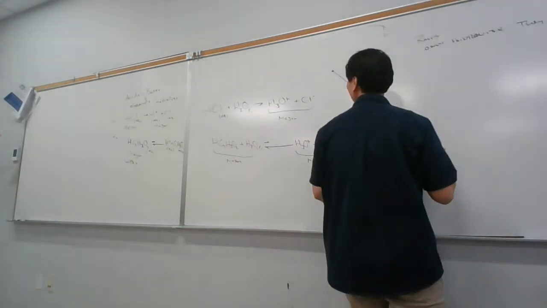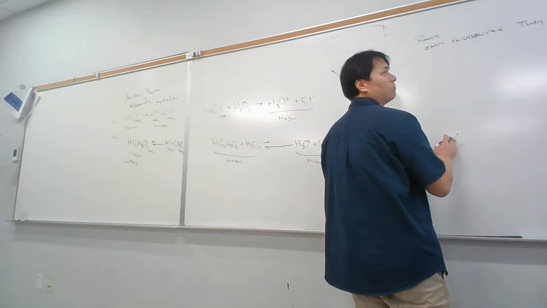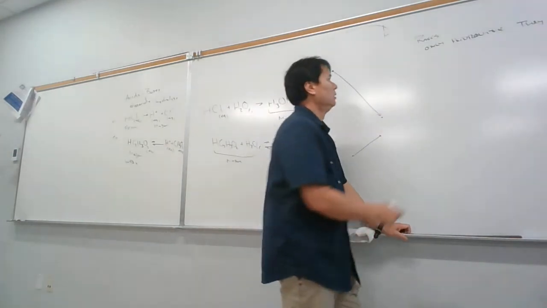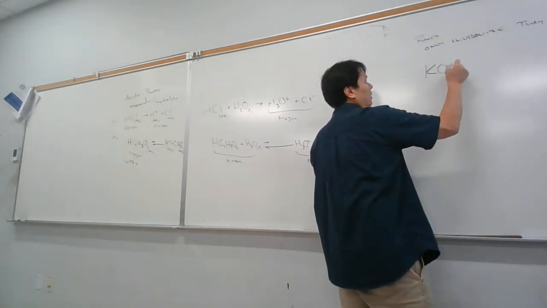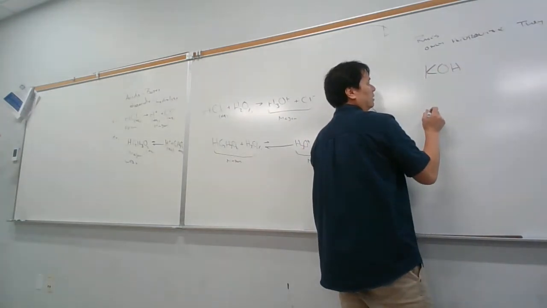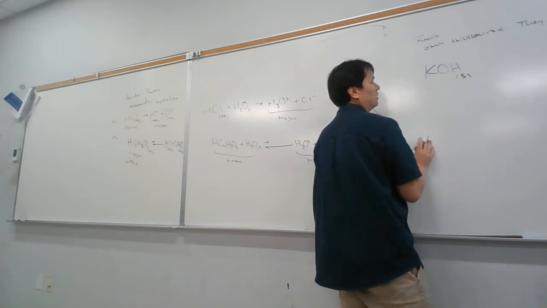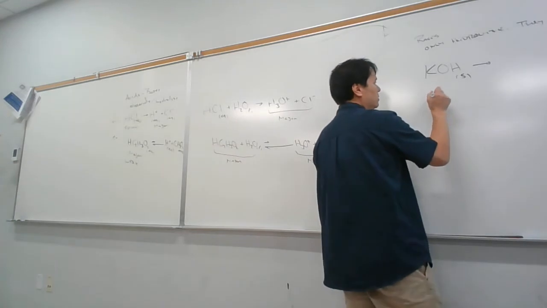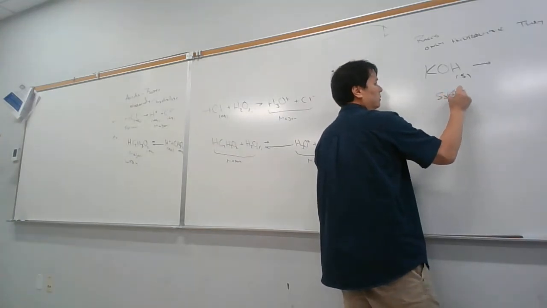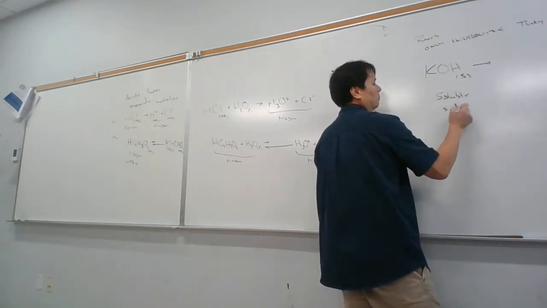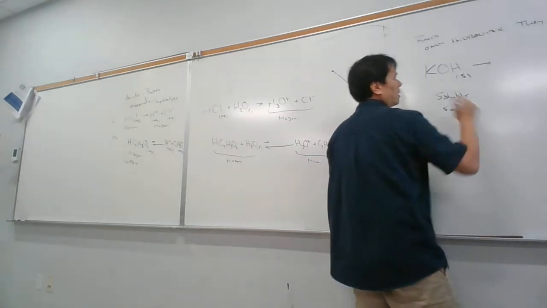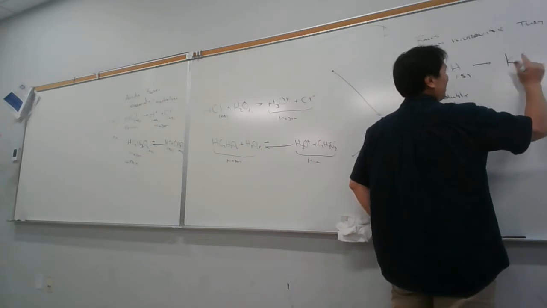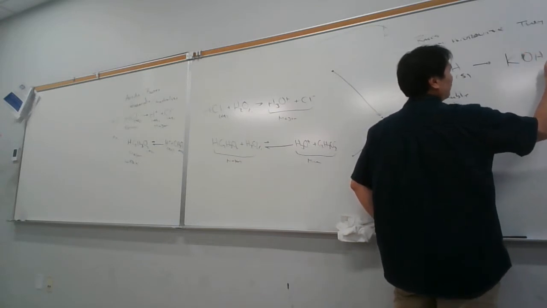So something like, what was the base that we just did? Potassium hydroxide, was it? Potassium hydroxide is actually a solid. And group 1 salts are all solid. And so first, I call this a soluble salt, and that's going to produce potassium hydroxide, aq.